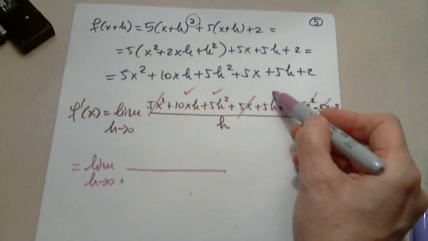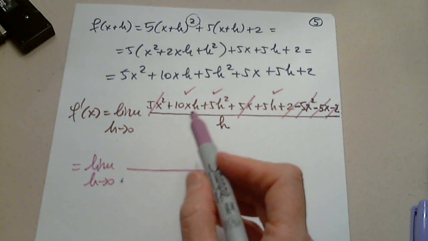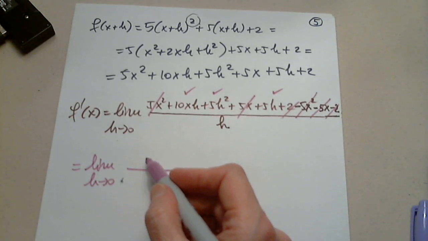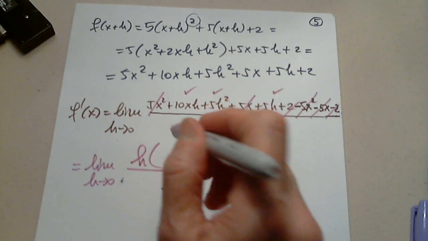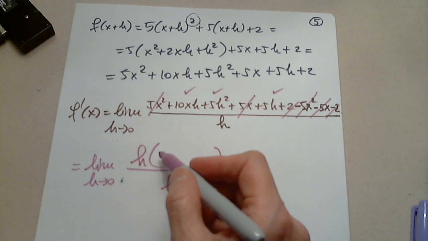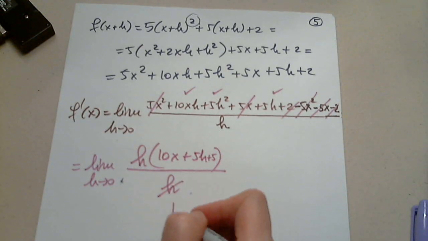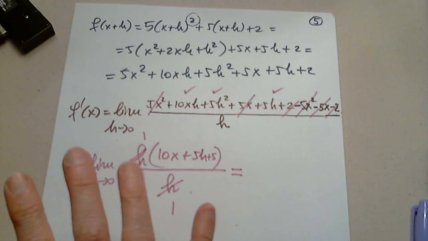So these three terms, what will be the next step? What did we do with these three terms? Factor out the h's. Excellent. Good. What is left? Three terms? I need three terms inside. 10x plus 5h plus 5. Now please apply the limit carefully. When h approaches 0, there is no x here.